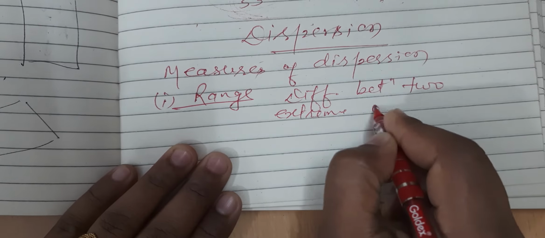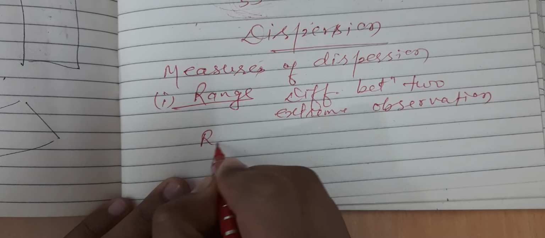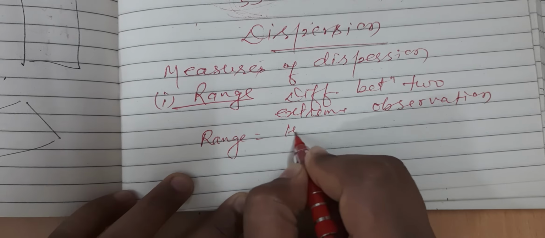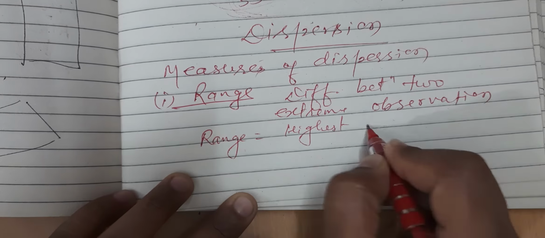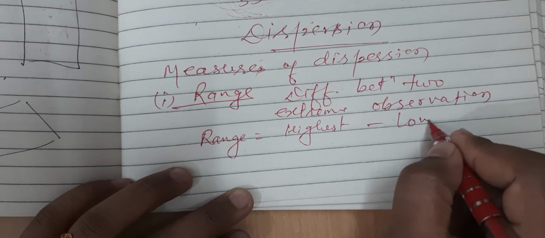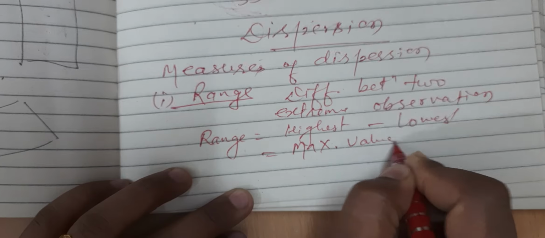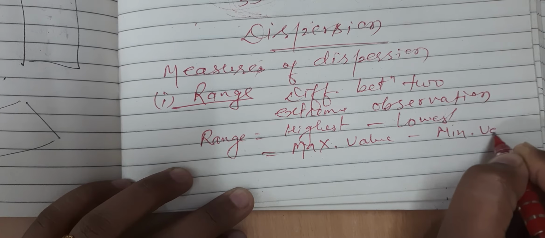Or mathematically, we can say range is equal to the highest observation minus the lowest observation, or maximum value minus minimum value.